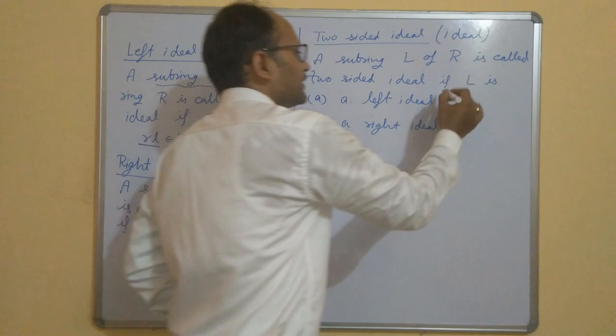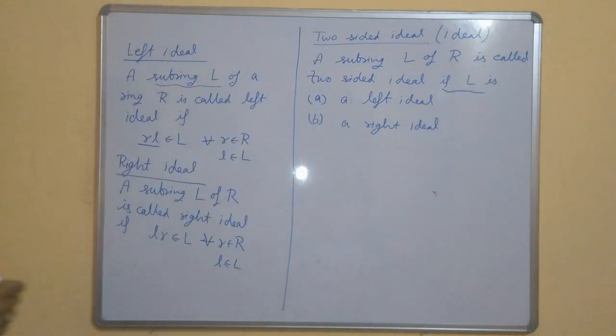So if L is both left ideal and right ideal, then it is called two-sided ideal, or simply ideal.